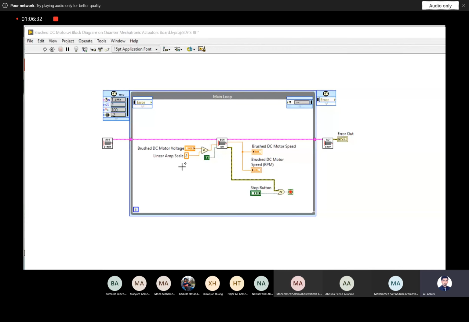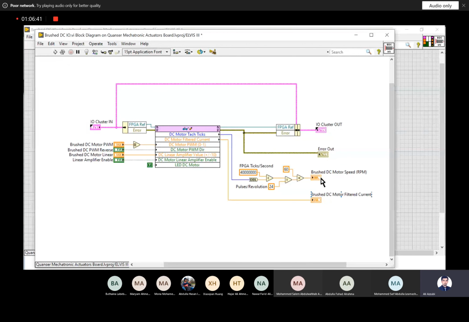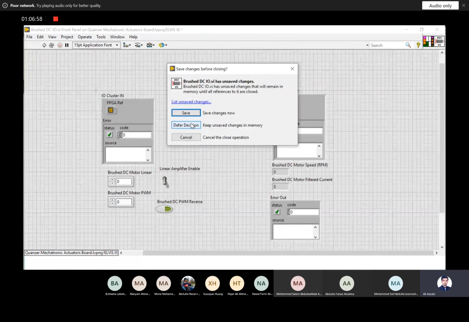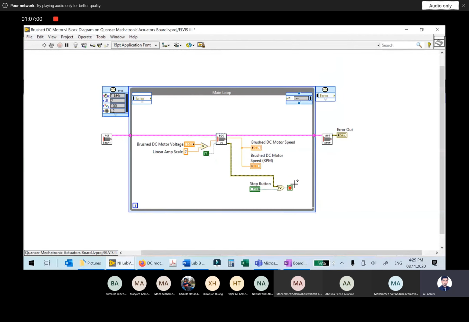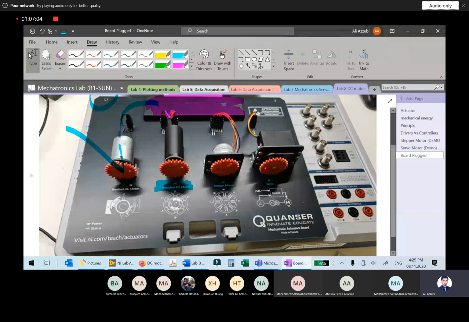Let's see the brushed DC motor voltage, and you have the motor speed. Where is the speed coming from? DC motor tachometer ticks. So I can see that there is a tachometer connected to my brushed DC motor. Let's see in the image where it is. I just want to explain the sensor to show that there's no magic in the thing.